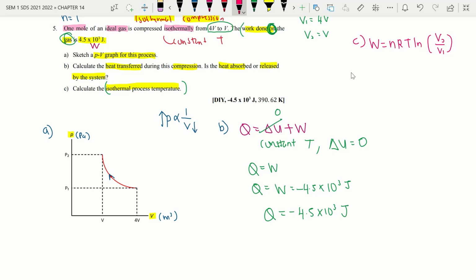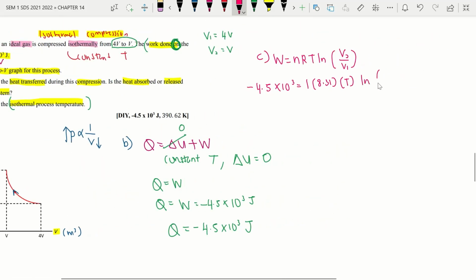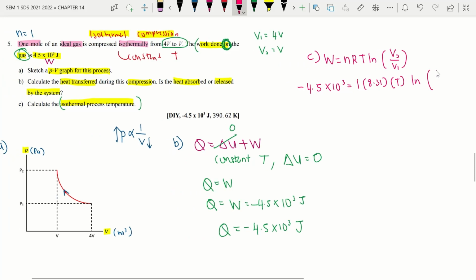And we know the work done is negative 4.5 times 10 to the power of 3. The number of moles is 1, and the molar gas constant is 8.31. We are going to look for the temperature. The final volume is V, whereas the initial volume is 4V because it is compressed.